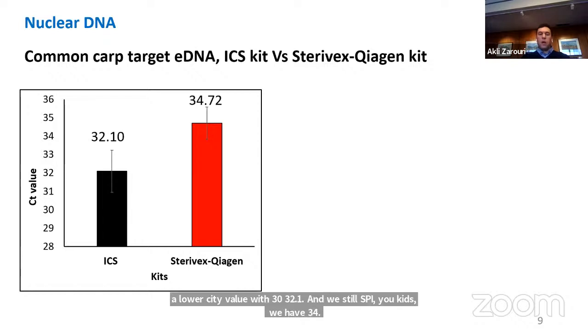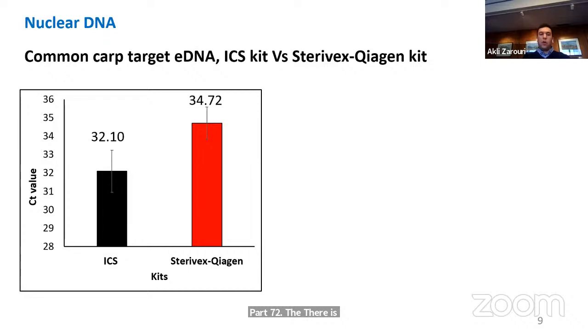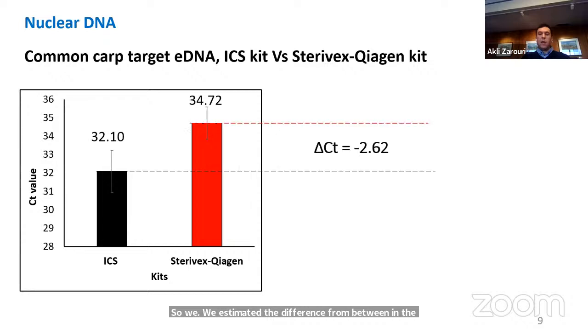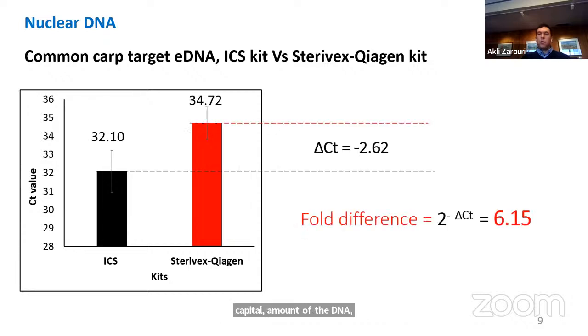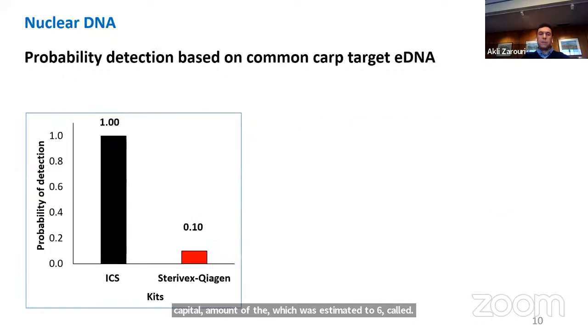Knowing that there is an inverse relationship between CT value and the amount of target DNA, we estimated the difference in the amount of eDNA, which was estimated to be 6-fold more captured with the ICS cartridge than with the Stevex Qiagen kit.